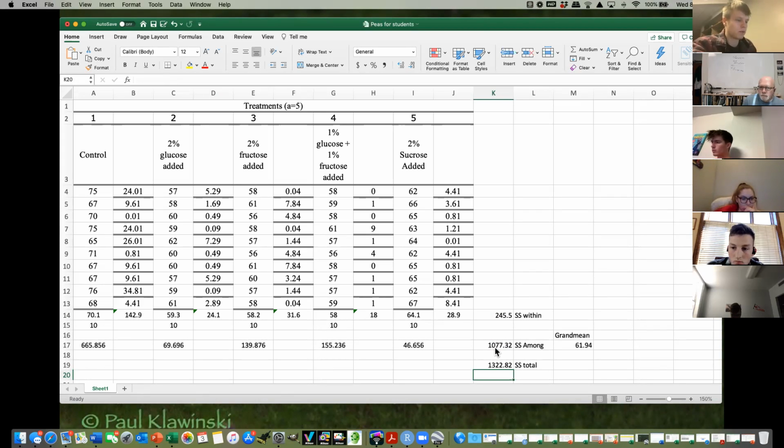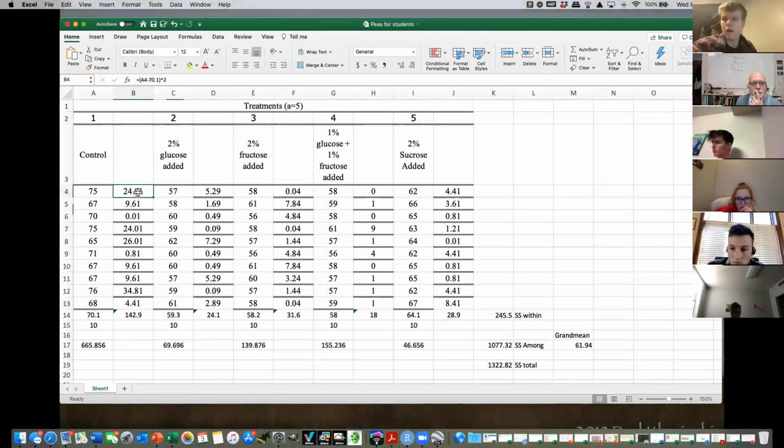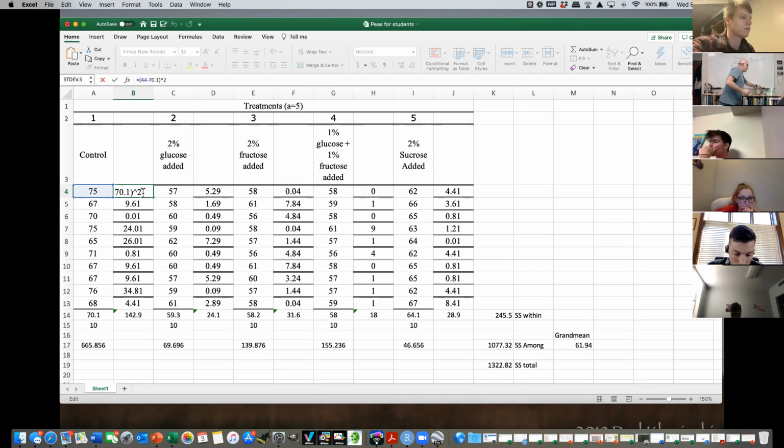Can you go back and click on just one of the boxes for the formula again? Which one? These? 5.2, yeah. Okay. It's simply the value minus the sample mean, squared. It's the sum of the squared deviations of the actual value from the mean, the sample mean in this case, not the grand mean, but the sample mean.